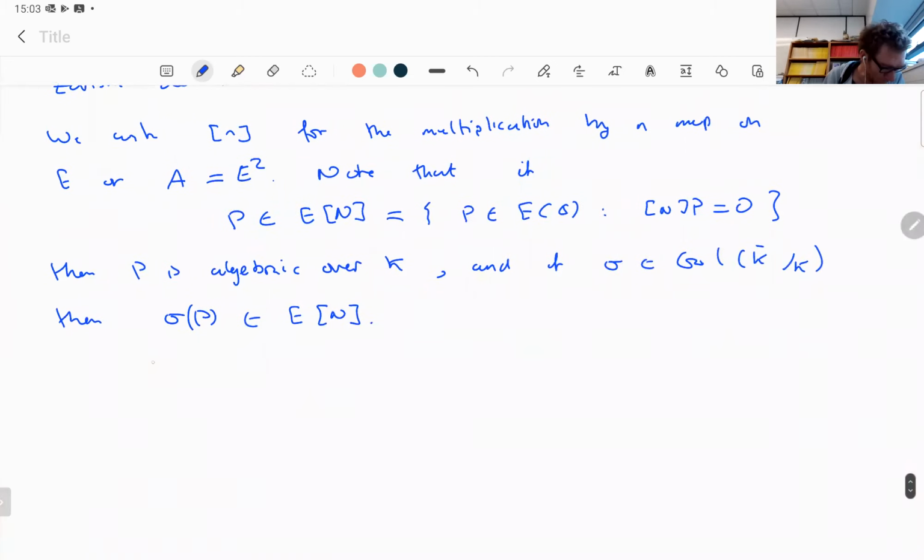So fix a Weierstrass equation for E as above.